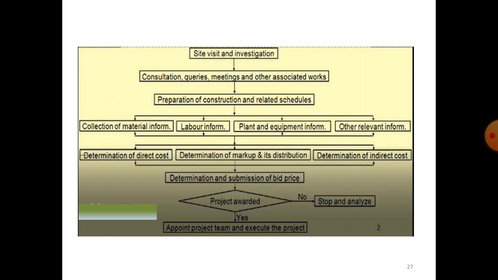Then comes determination of direct cost, determination of markup and its distribution, and determination of indirect cost. All the direct and indirect costs are calculated, and then the bid price is determined and submitted.